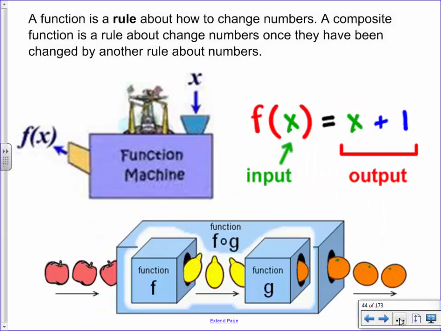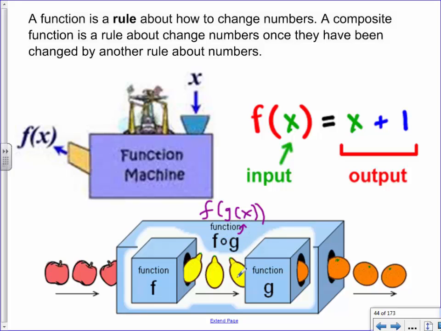Here's a picture that I thought might help make sense. By the way, f bracket g bracket x is the same thing as writing f open circle g. Not a dot, a dot means multiply. An open circle means the same thing as this.